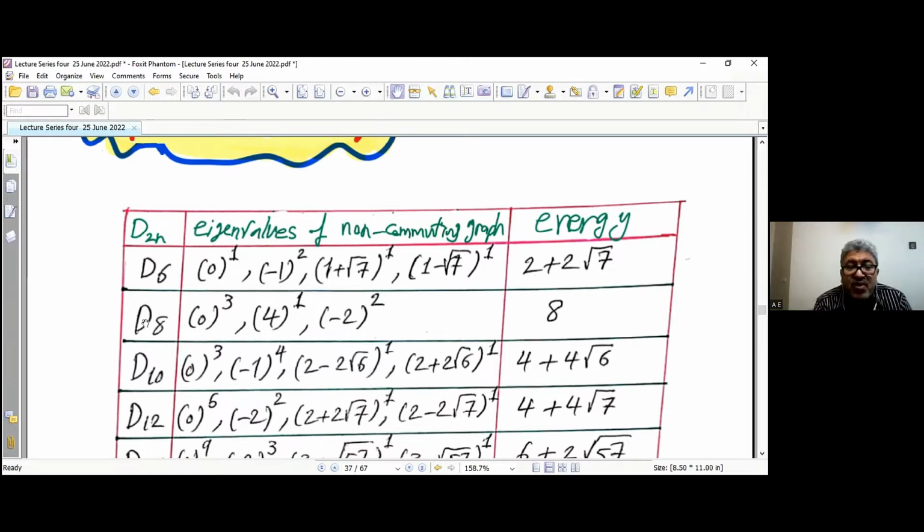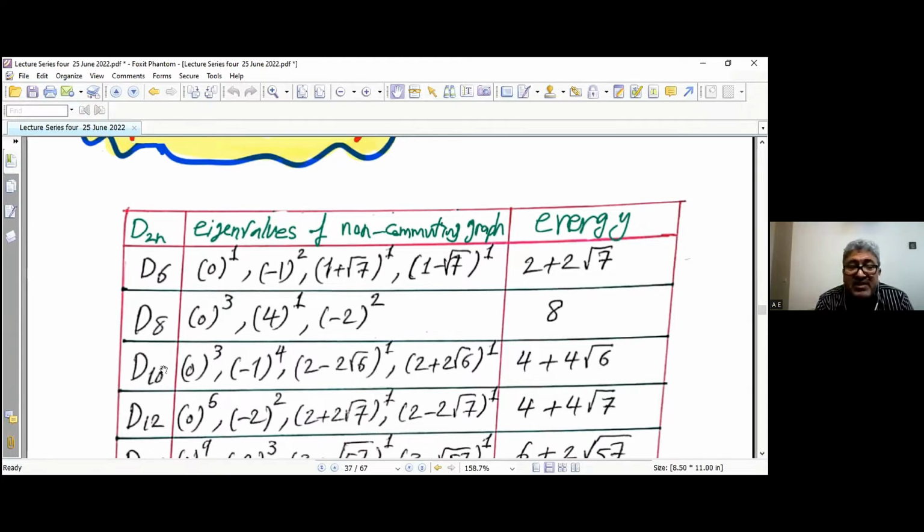For the dihedral group of order 8, we have 6 vertices, because the center is the identity and a square, so the adjacency matrix is 6 times 6, and we have 3 zeros, one eigenvalue 4, and 2 eigenvalues -2, and the energy is 8.